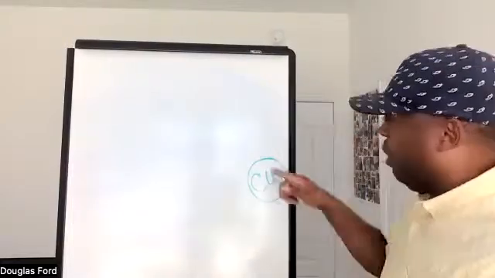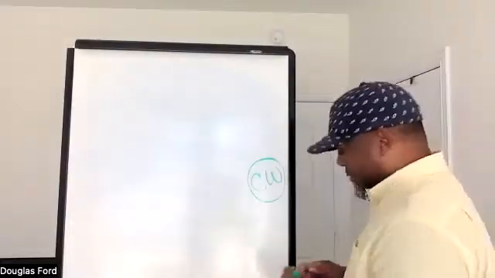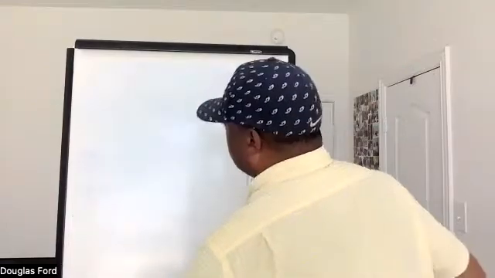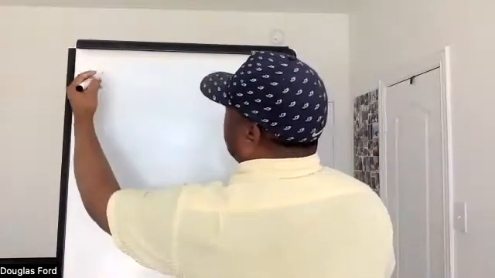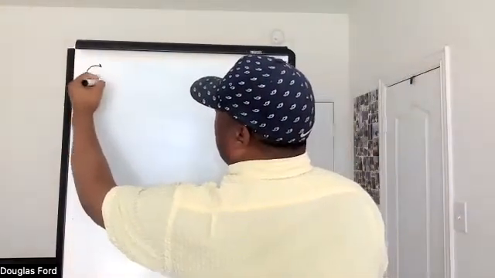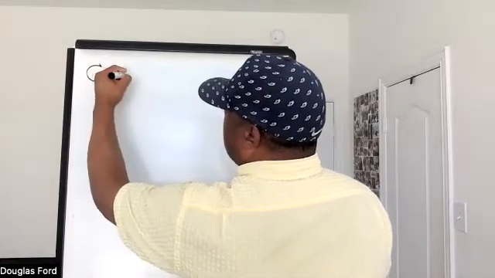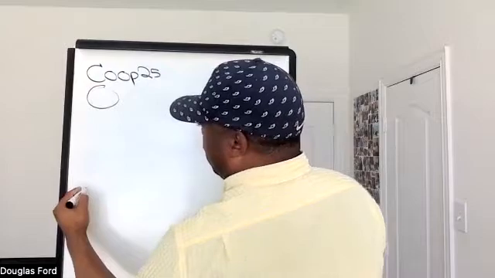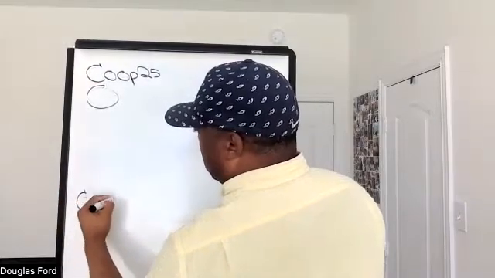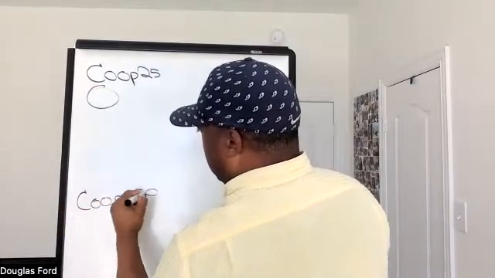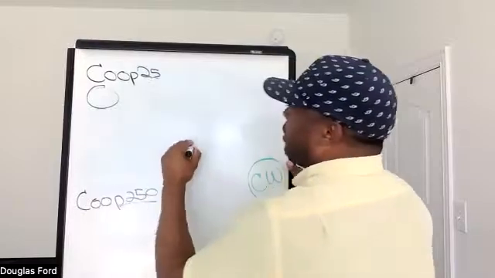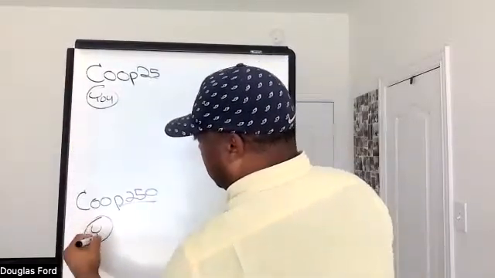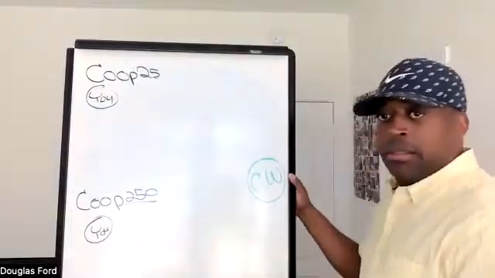This is where all your money is going to come. We'll say this is you up here, in Co-op 25, and down here we'll do Co-op 250. So this is you here, and this is you here. Make sense?